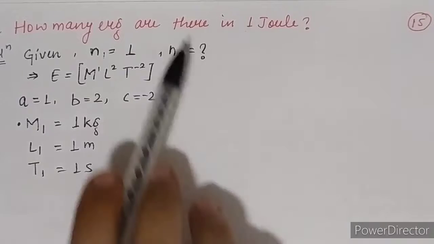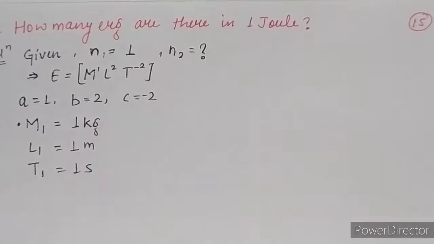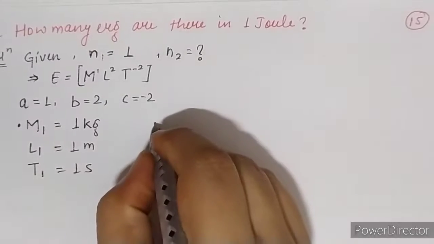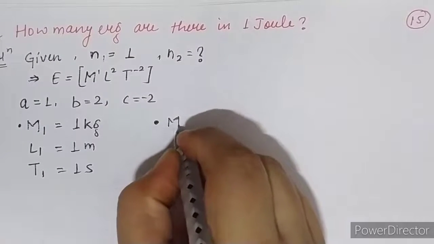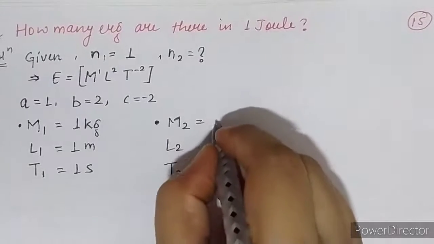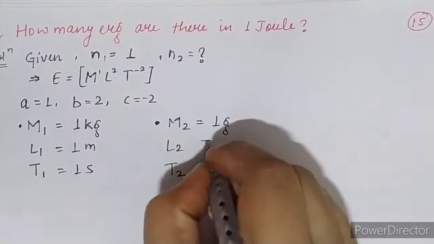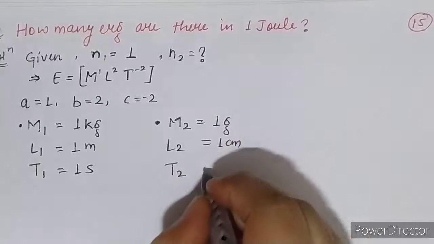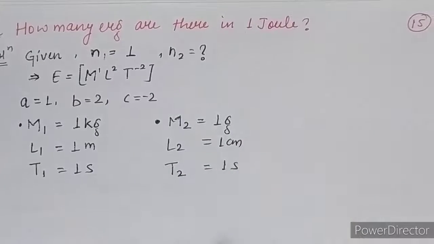It doesn't mean the same process is applicable in every type of question. It depends upon the condition of the question. Second, I am taking the CGS unit for erg: M2 is 1 gram, L2 is 1 centimeter, T2 is 1 second.